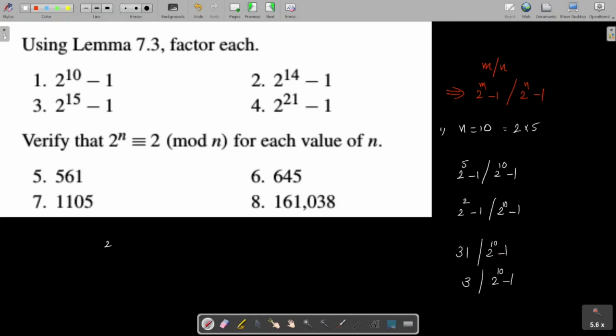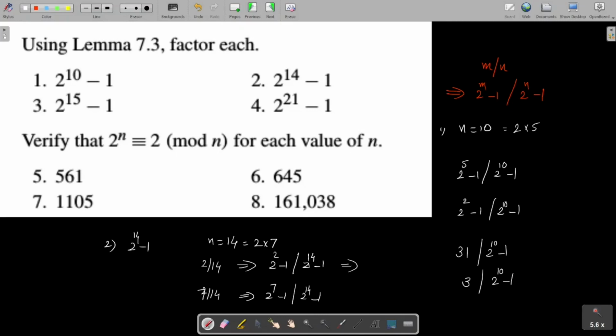Similarly, if we consider the second problem, 2 raised to 14 minus 1. Here n equal to 14. This can be written as 2 into 7. Since 2 divides 14, we may write 2 raised to 2 minus 1 divides 2 raised to 14 minus 1. Again 7 divides 14. This implies 2 raised to 7 minus 1 divides 2 raised to 14 minus 1.